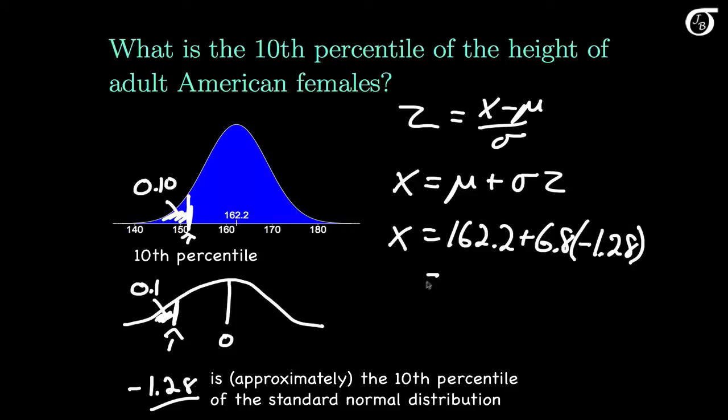And this works out approximately to 153.5 centimeters. And so this value on this curve is approximately 153.5 centimeters. And the 10th percentile of the distribution of heights of adult American females is approximately 153.5 centimeters.